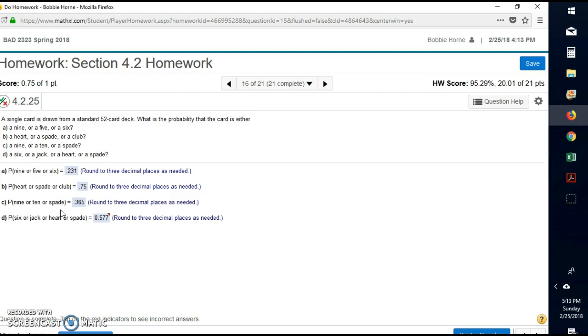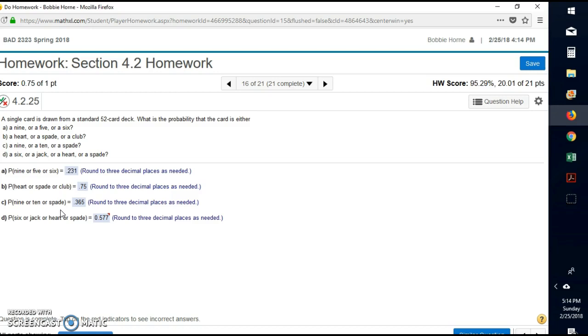You have 4 out of 52, which is 1 over 13. So then you have to think about spades. Well, we have 13 out of 52 spades, but one of those spades is going to be a 9 of spades, and one of those spades is going to be a 10 of spades. So we've already counted those.